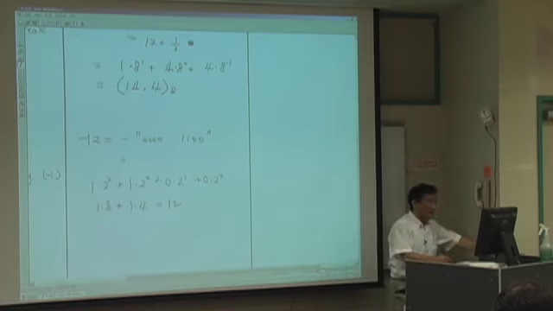Now, we want to do minus, so we invert these things, and then add 1, right? Then, eventually what we will get is this one.